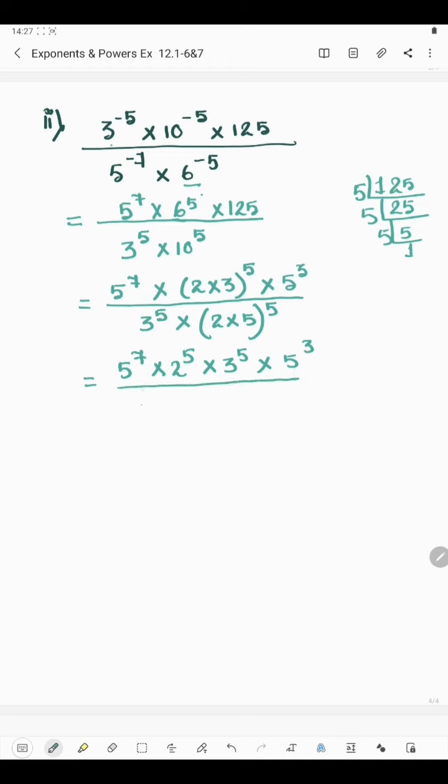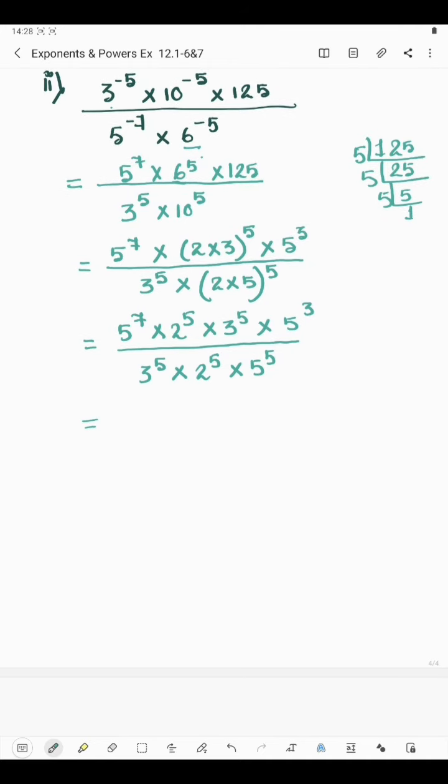And in the denominator we have 3 raised to the power 5 multiplied by, removing the bracket where the power is 5, 2 to the power 5 multiplied by 5 to the power 5.